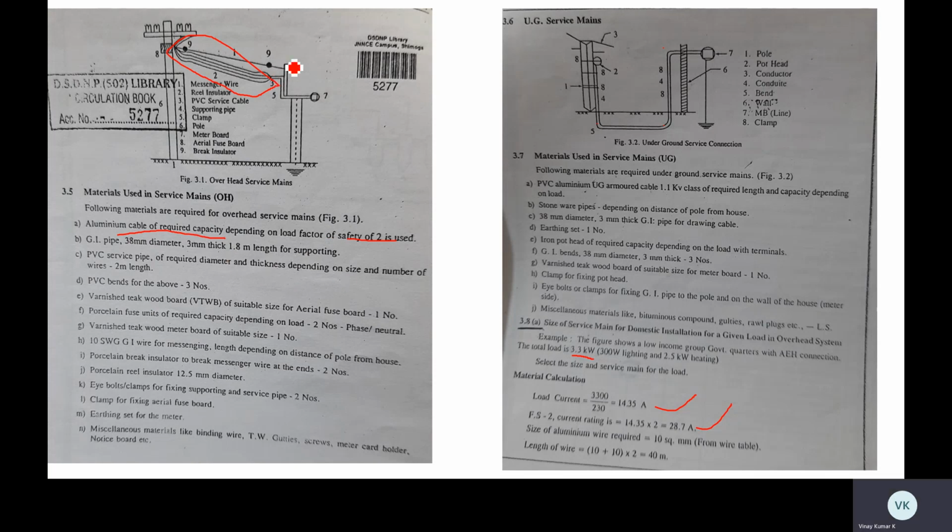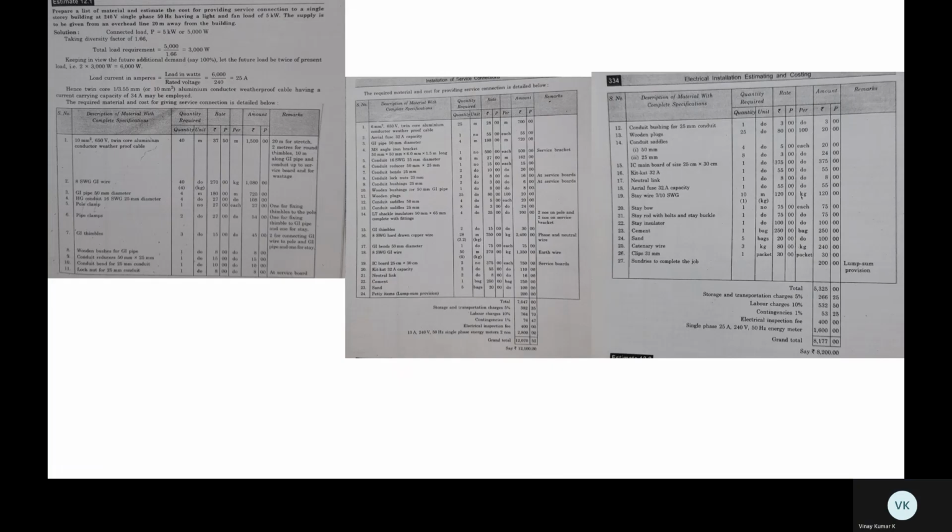Take this 1.8 meter along with this 20 meter also. 1.8 meters for phase, another 1.8 meters for neutral, that is 3.6 meters in total. 3.6 plus 2 is 5.6 meters, plus these 40 meters. And add 1 or 2 meters, that is 10 percent, for skin removing or other cutting purposes. Like that, we have to select the total length of the wire.